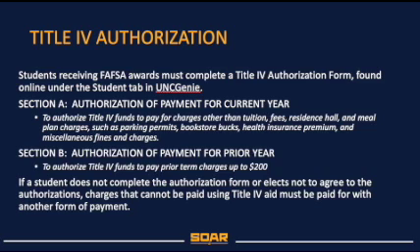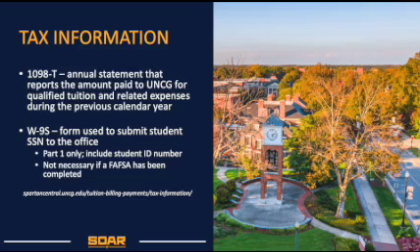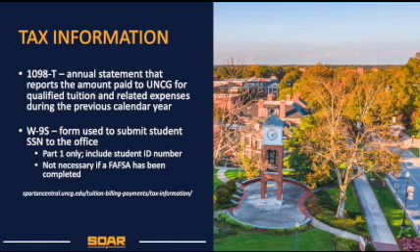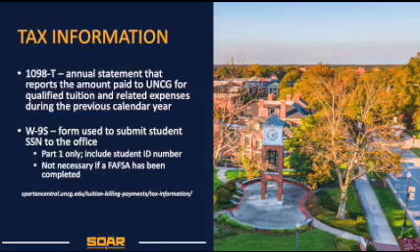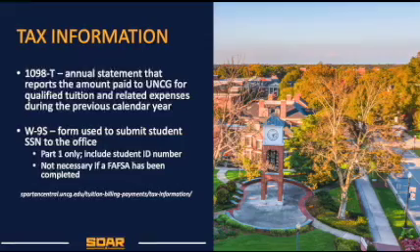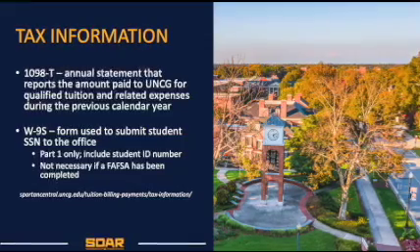This is a one-time form, and you will never have to complete this again unless you opt to change your response. Every January, UNCG issues to all students a 1098-T tax informational form. This form reflects payments made toward applicable charges for that tax year, as well as total grants and scholarships that were received.